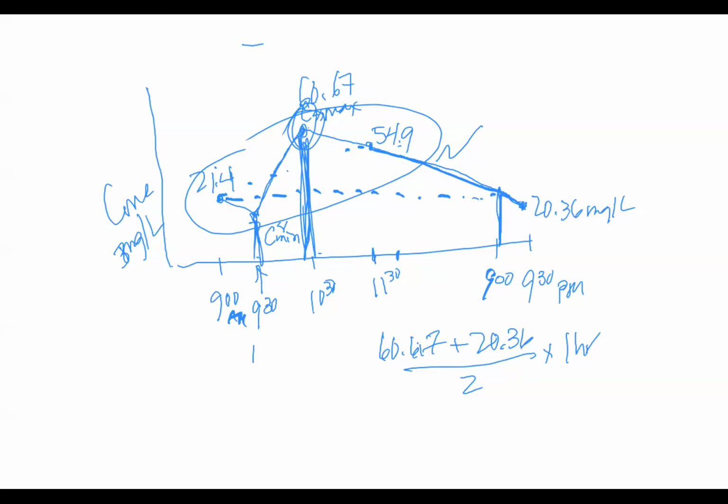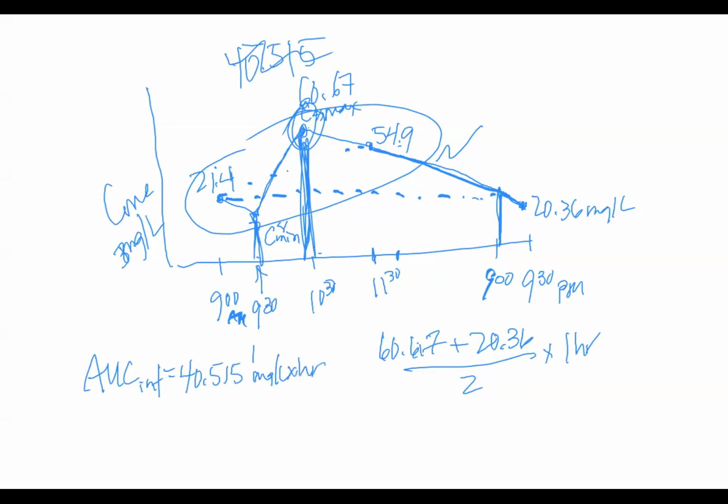I got 40.515. So our area of the curve for the infusion piece is 40.515 milligrams per liter times hours.